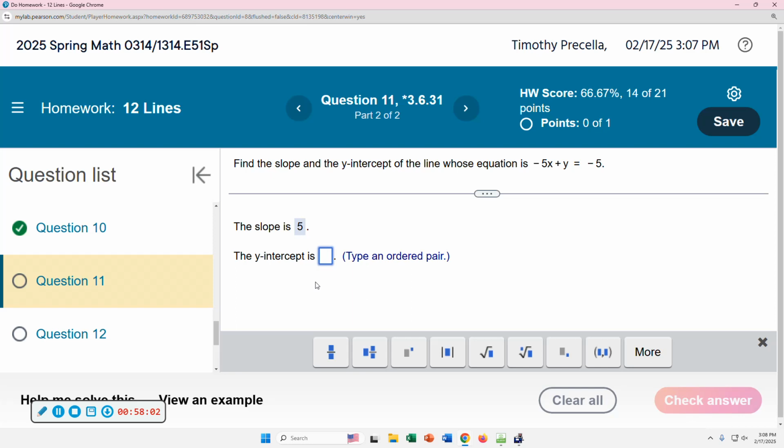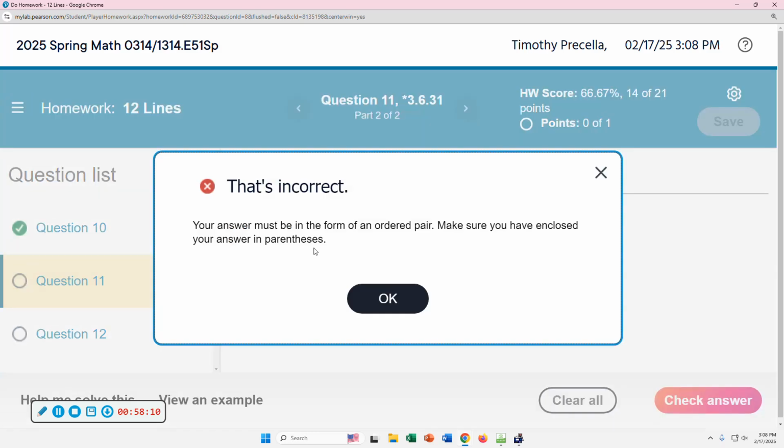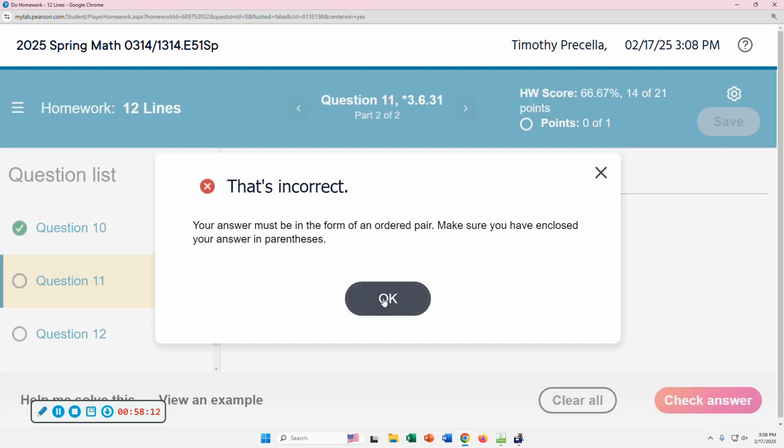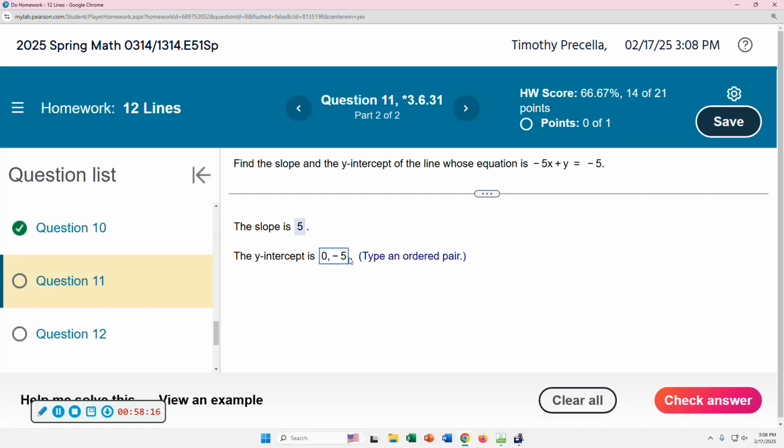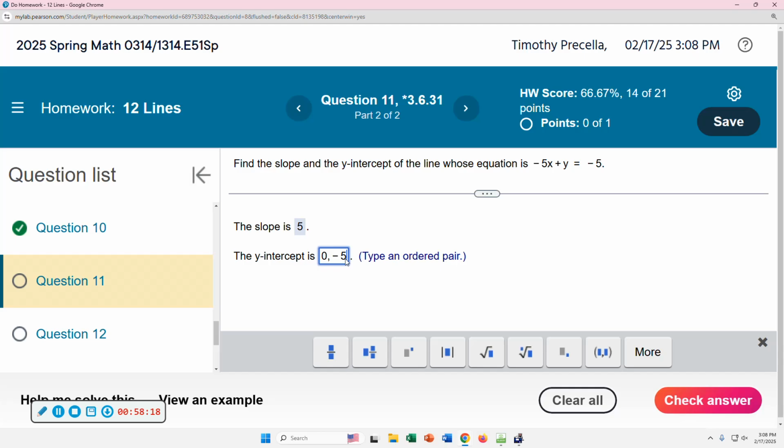You have to know points on the y-axis have an x-coordinate of 0. If you don't put the parentheses, it's wrong. They do tell you, but not on a test. They're just going to mark it wrong. Parentheses there and there.